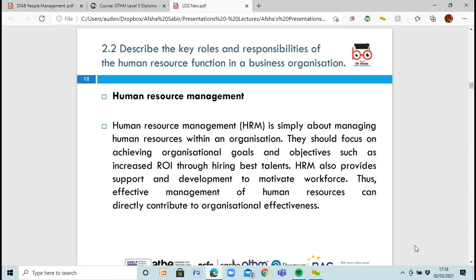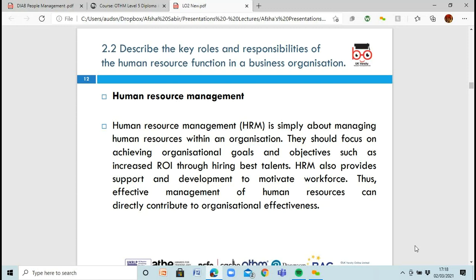Human resource management, so HRM, it's just about managing human resources. So it's managing every single person that is within the organization. They focus on achieving the organizational goals. They focus on the objectives, and they look at hiring the best talents.